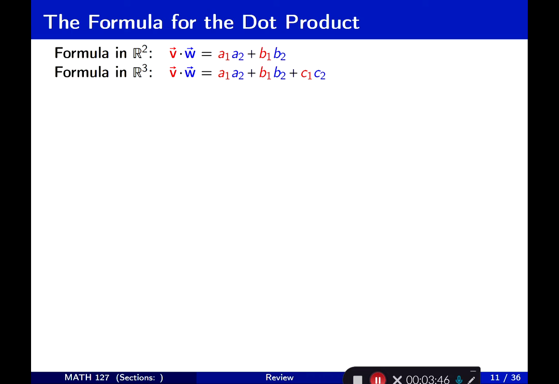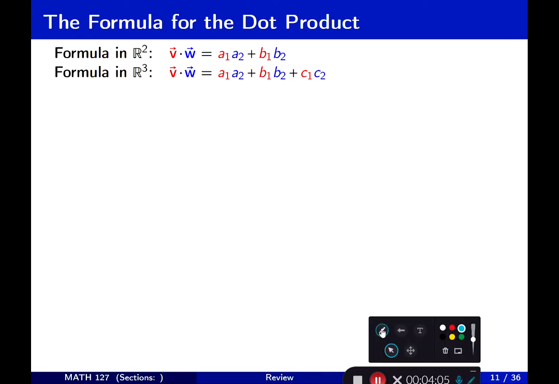If v and w are in R2, then the first coordinates multiplied together plus the second coordinates multiplied together is going to be v dot w. That is, if v is (a1, b1) and w is (a2, b2), then v dot w is a1 times a2 plus b1 times b2.